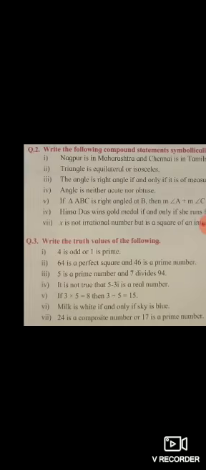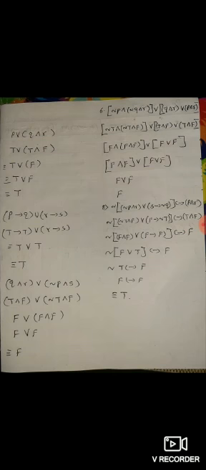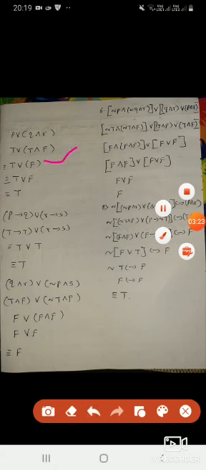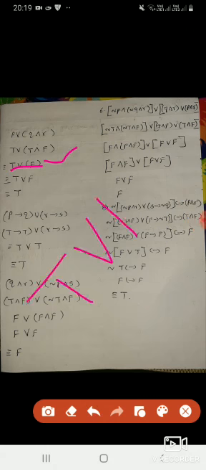So we write true and false is false. So the bracket value is false. Then true or false means we will see the or table. In the or table, true or false is true. So it is true. From the tables we have written all those things.